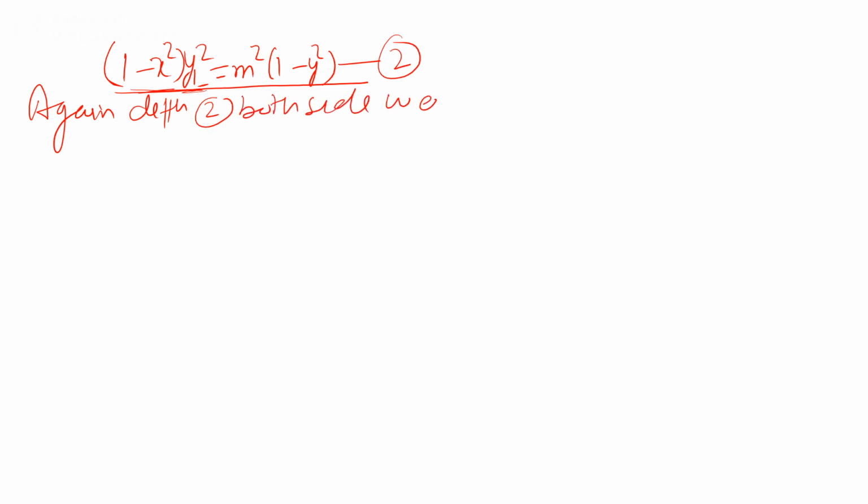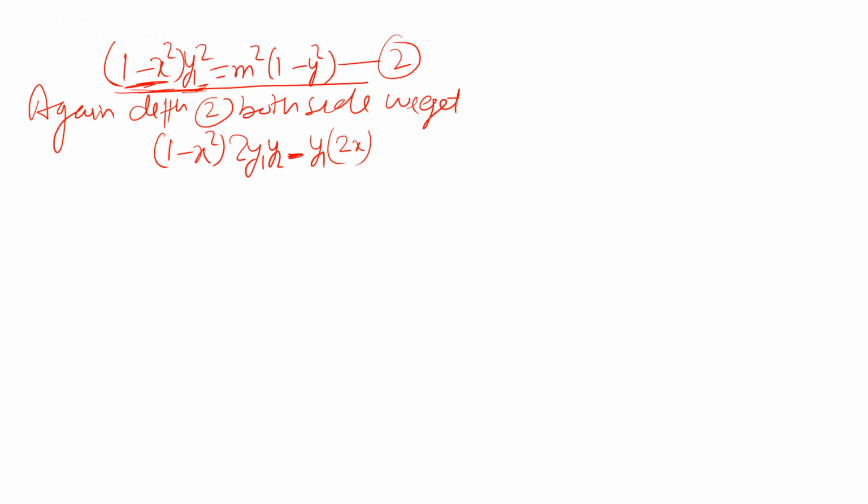So we get, what? 1 minus x square, first function same, and the derivative of y1 square is 2 y1 y2. Now minus the second function, we say same, that is y1 square, and the derivative of that function is 2x with a negative sign, we write outside here.